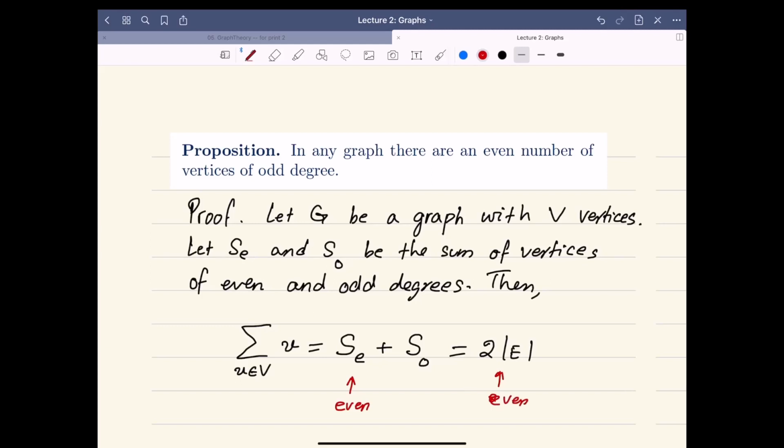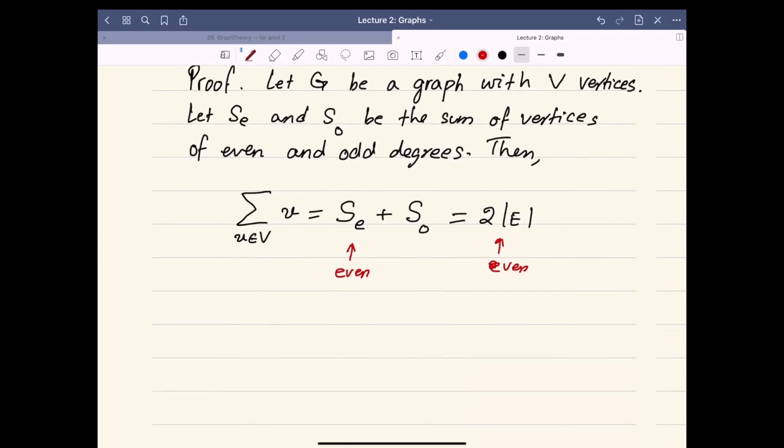Why is it even? Because it is twice the number of edges. Rearrange the equation. Then we will have the sum of all odd degrees is equal to twice the number of edges minus SE. So we have even minus even, so the answer is even.